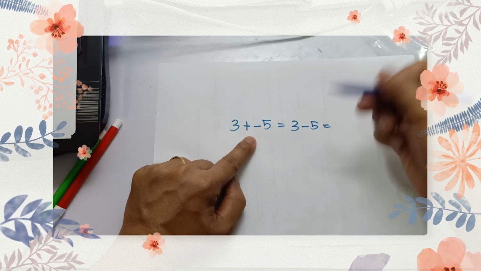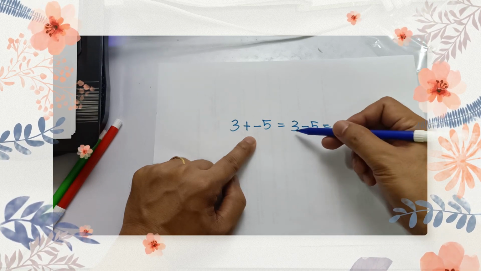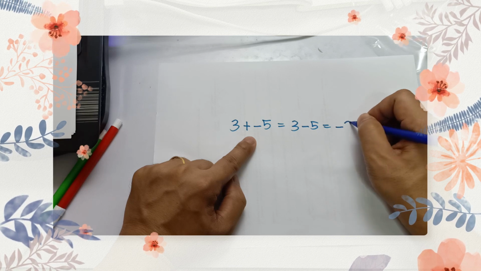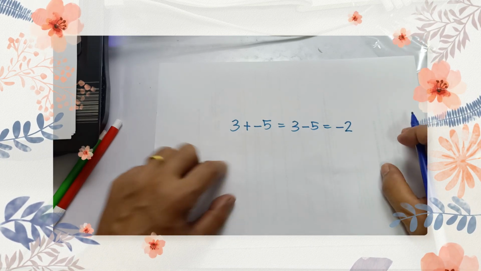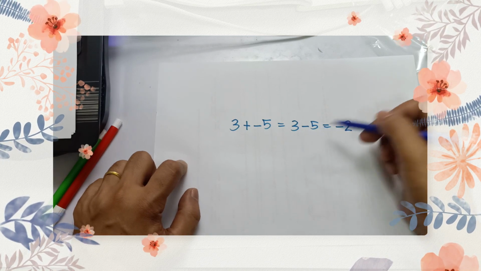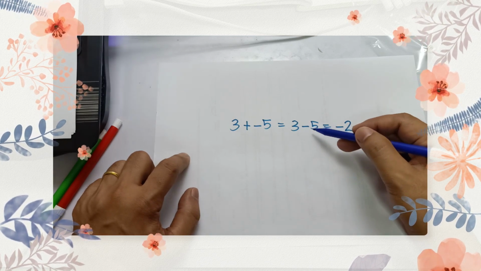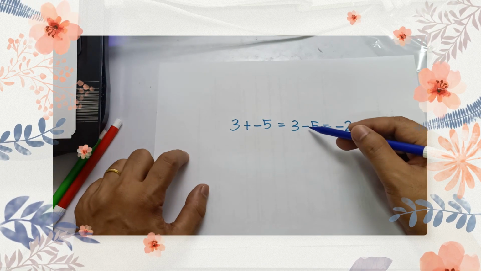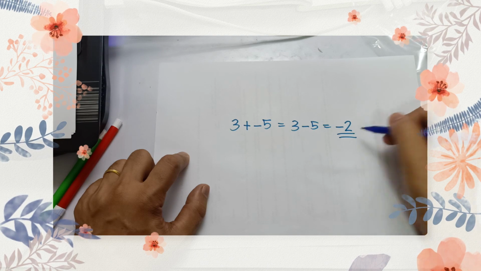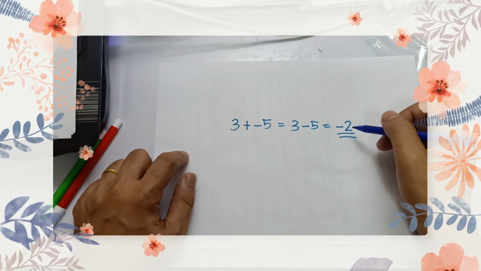Then follow the rules of subtraction. What is 3 minus 5? 3 minus 5 is minus 2. Subtract the absolute values of the numbers and then copy the sign of the bigger number, which is 2.